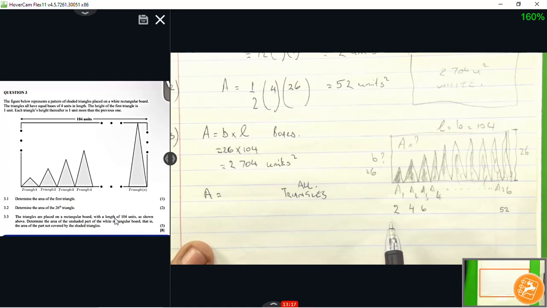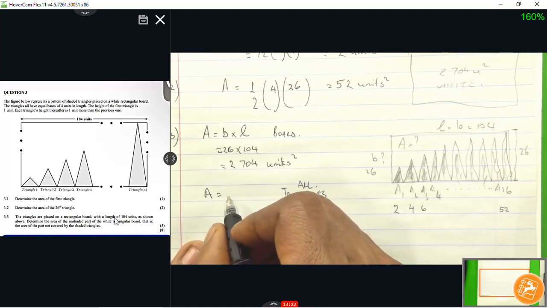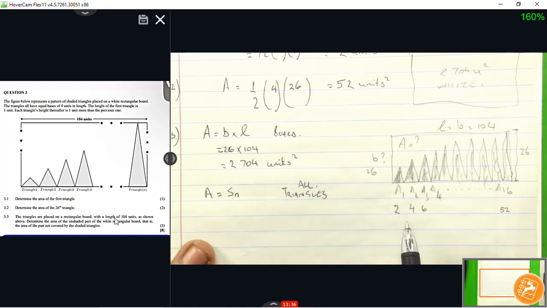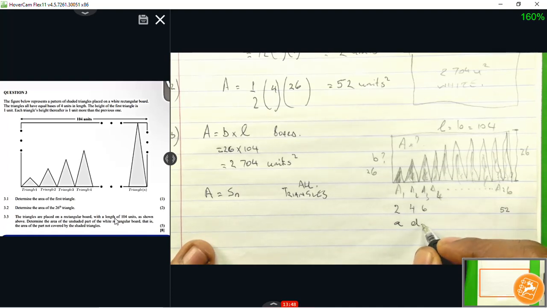Right, so this one is going to be my sum, the sum of my triangles, isn't it? So it will be the sum of this one, and what do I have there? I have a 2, 4, 6, it will be 8 all the way. So it means here I have my A, and then my D is a positive 2.